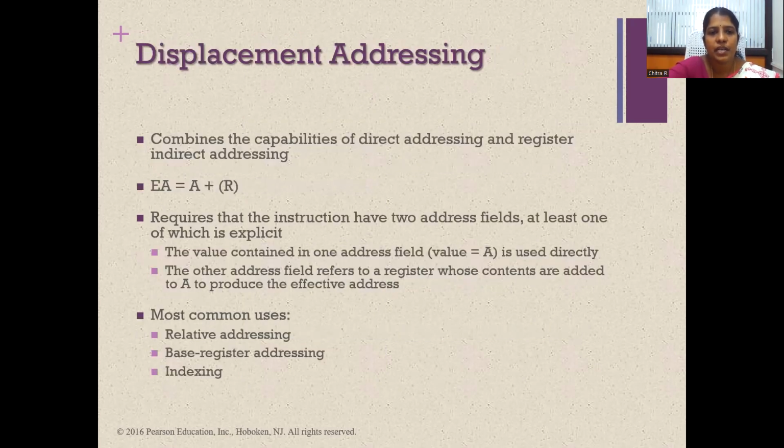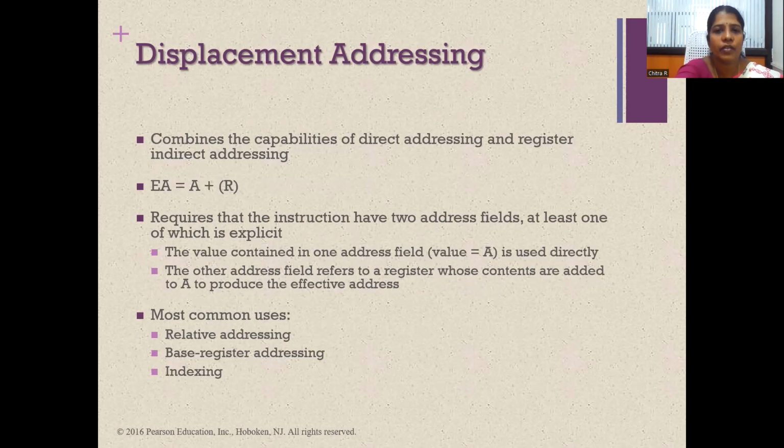The displacement address is mainly used for base addressing, index addressing, as well as PC-relative addressing. Here, the address value is added with the indirect value to find the actual value.